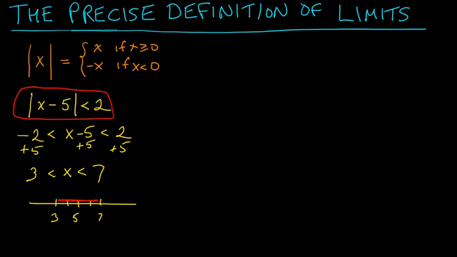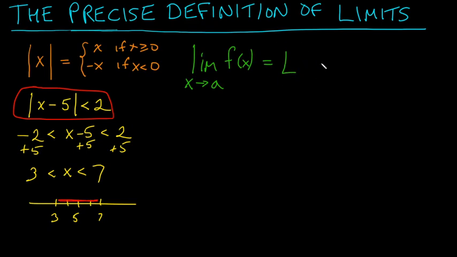The next thing, before we get to the formal definition of a limit, let's review the definition we've been using so far. If you remember, this is the limit as x approaches a of the function f of x is equal to L, where L is some number.